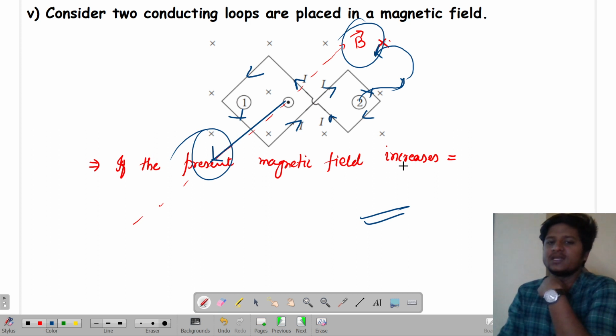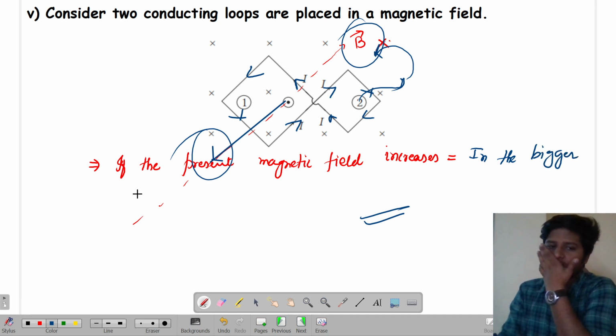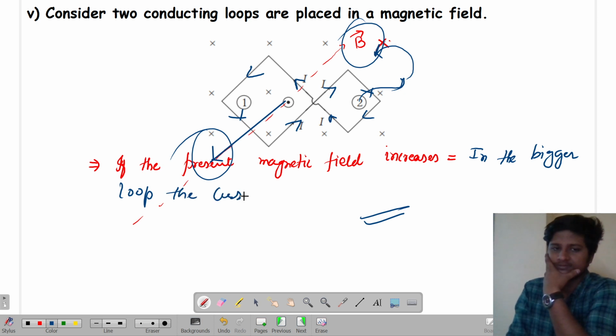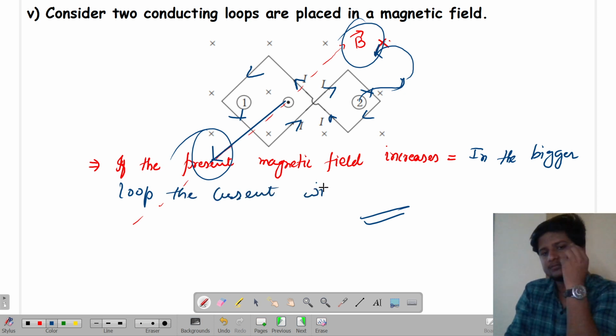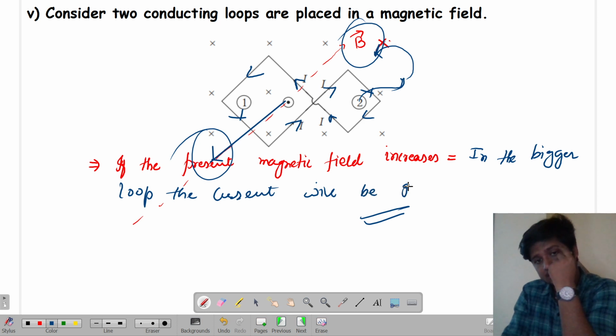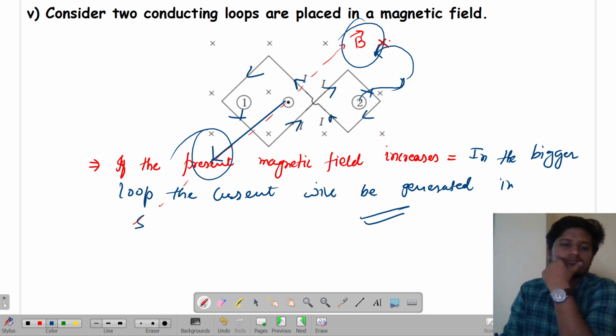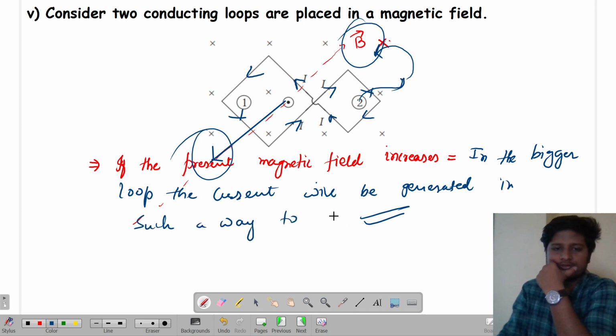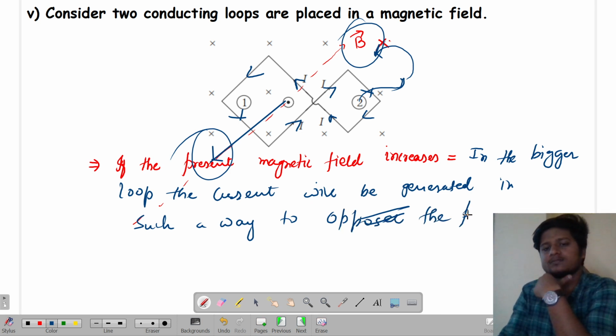So if the magnetic field increases, what will happen in the bigger loop? Remember that in the bigger loop, the current will be generated in such a way as to oppose the present magnetic field.